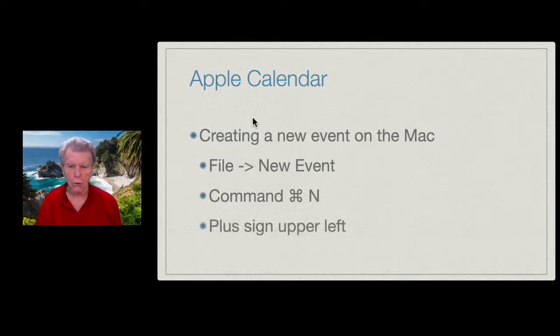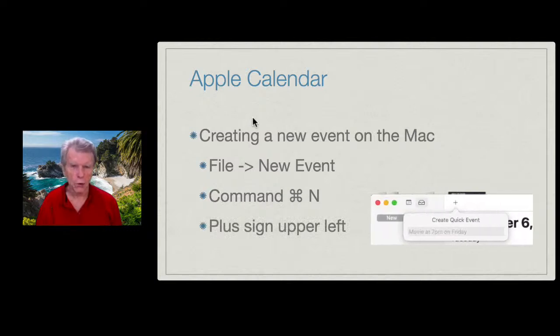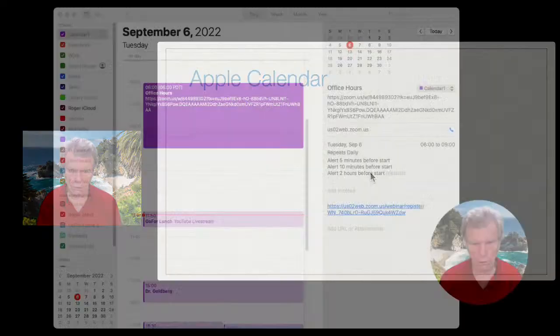You can also click on the little plus sign in the upper left-hand corner, and that looks like this. And then you can do a free-form event by naming the event, a time, and a day. You can either use a day of the week or a date is what I'm trying to say there. So let's look and see how that works.